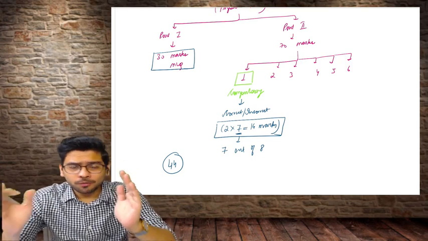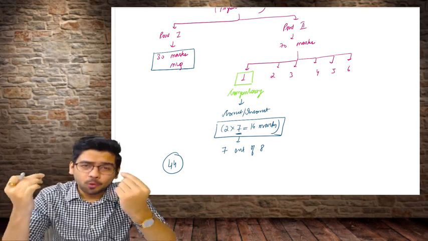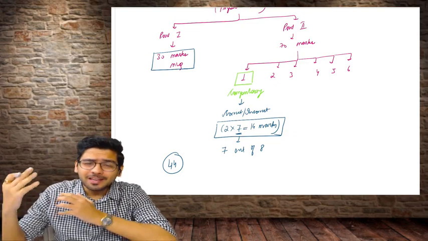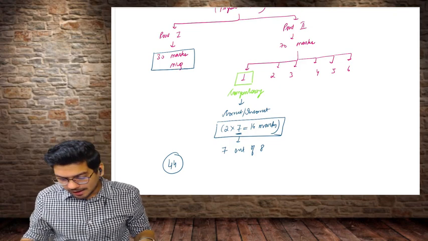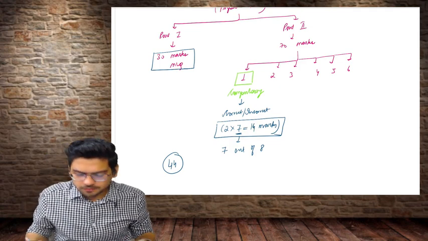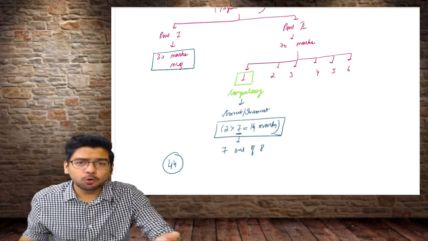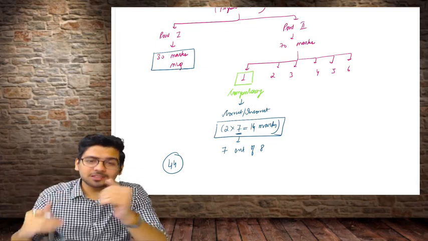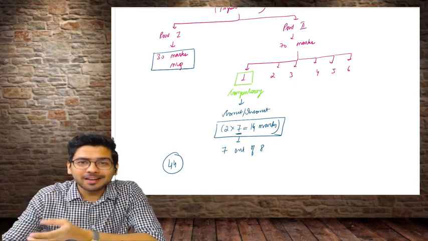MCQs, you all know, can be 1 mark MCQs, some 2 marks MCQs, and there can be case based MCQ questions also. Then we have true and false of 14 marks, 2 into 7. The best part about these two aspects is that if you solve them correctly, you get full marks.